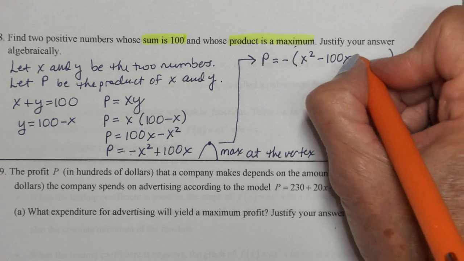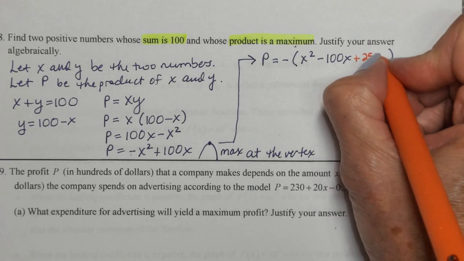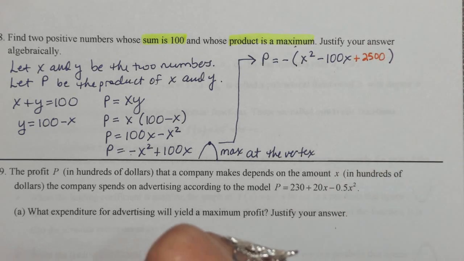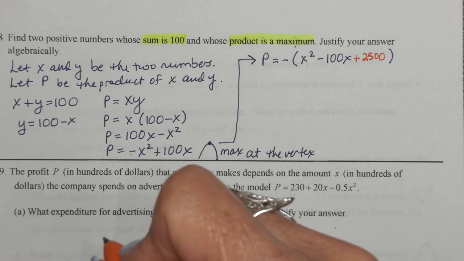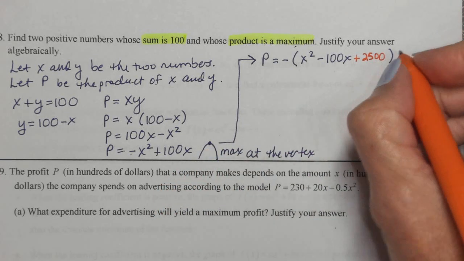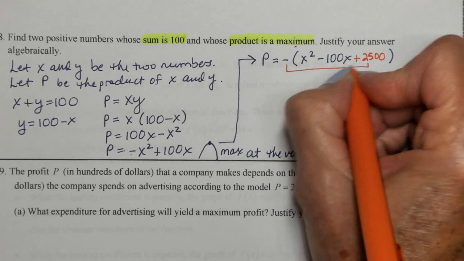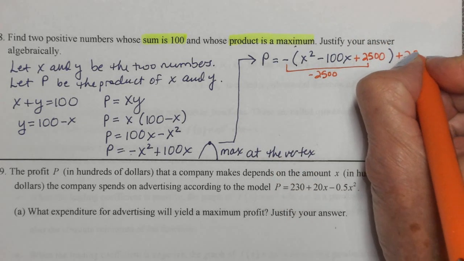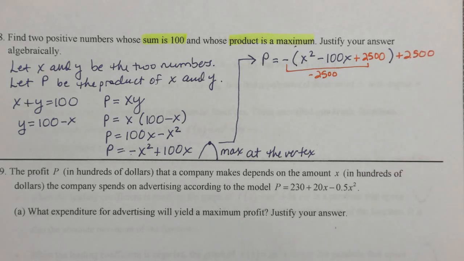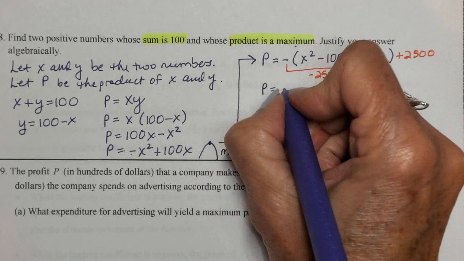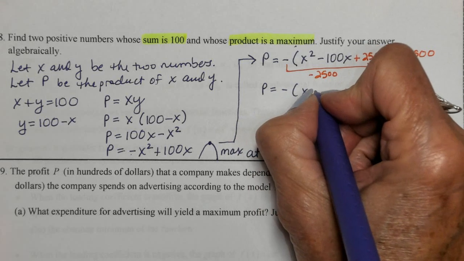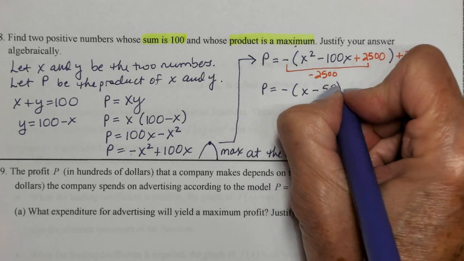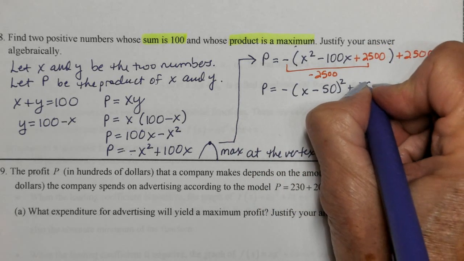Negative 50 squared is a positive 25 with 2 zeros. 50 squared, 5 squared, and 10 squared. So I subtracted 2,500, so I need to come back here and add 2,500 to keep it the same. So now P is equal to negative (x minus 50) squared plus 2,500.